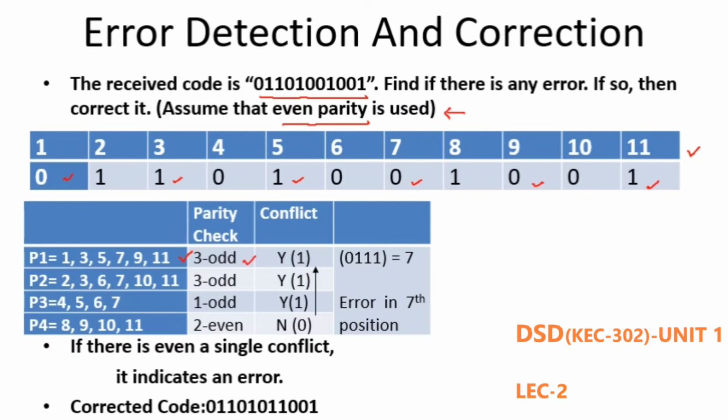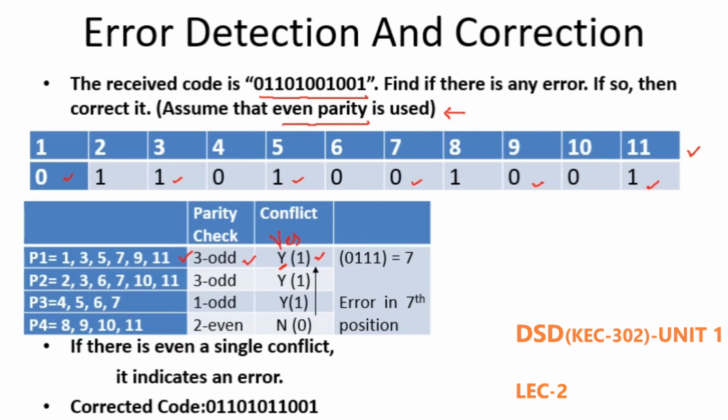So there is a conflict, because while preparing this code, I had ensured that the parity should be even, but now I am getting odd parity. That means there is a conflict here, and I am denoting this yes by 1.